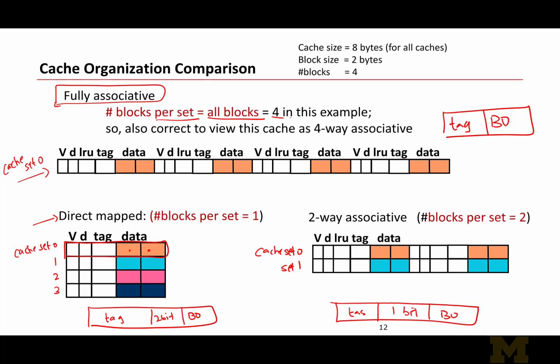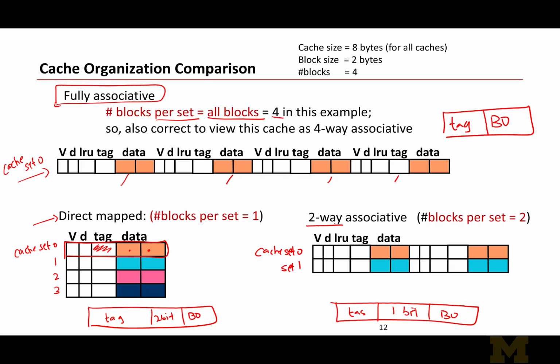And the trade-off here is, in the case of a fully associative cache, I need to make 4 tag comparisons, and that is expensive. In the case of a direct mapped cache, I just need to make 1 tag comparison. That is much faster, but the problem is it restricts my choice, and that can result in poor cache hit rate. In the case of a 2-way set associative cache, it's somewhat flexible compared to a direct mapped cache, but not as flexible as a fully associative cache.